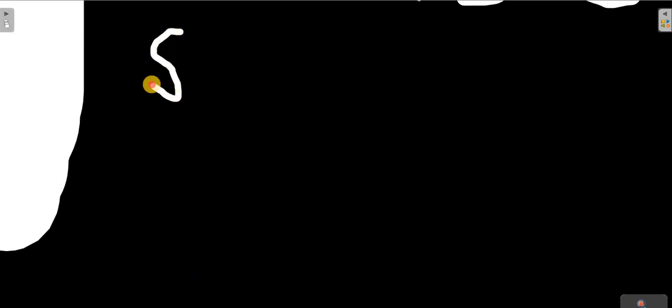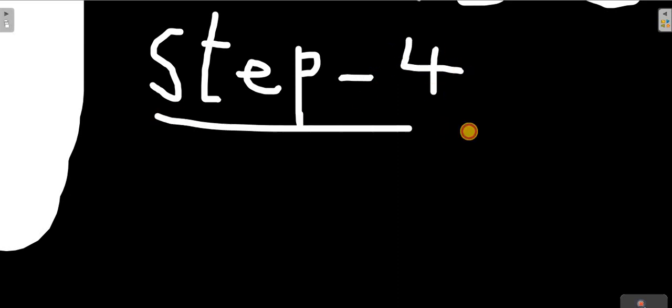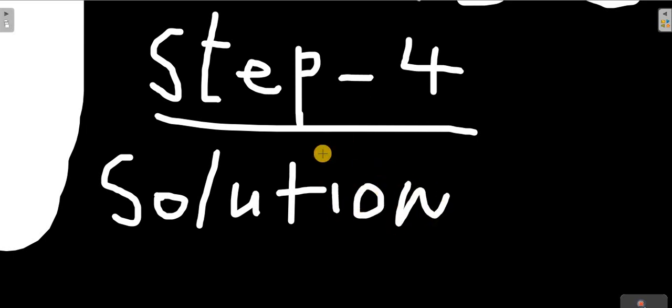So step number 4 is the solution. So the root of the equation is a solution for us. So root of the given equation is, what is the root of the given equation?